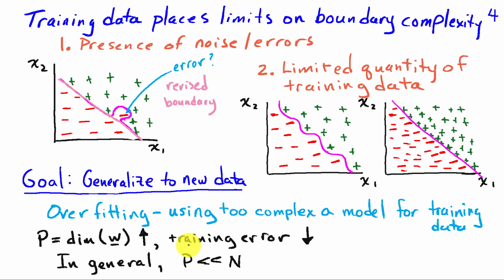So a more complex model will always have a smaller training error, but it may not generalize well to new data, like these examples that we showed here. As a general rule, we want the number of parameters in our model to be significantly less than the number of our training samples, and that will help us avoid some of this overfitting.